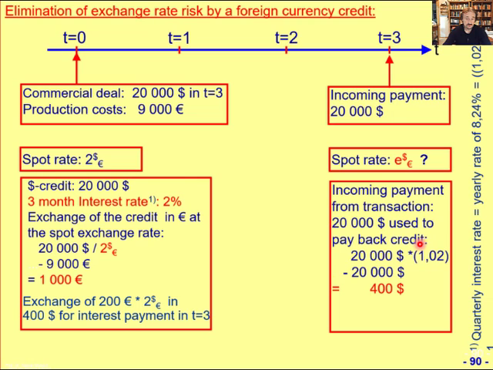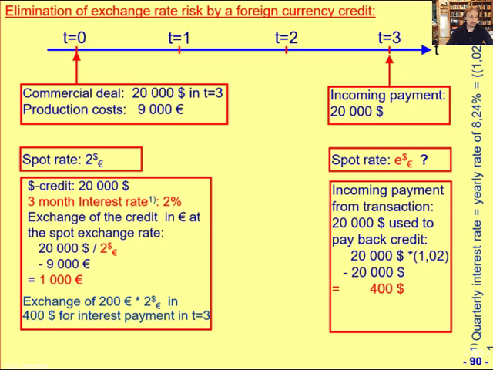However, we will need to pay also 2% interest on this $20,000 credit, which equals $20,000 times 2%, which is equal to $400. So what we have to do at T0 is make sure that we are able to pay these $400 without any risk 3 months ahead.